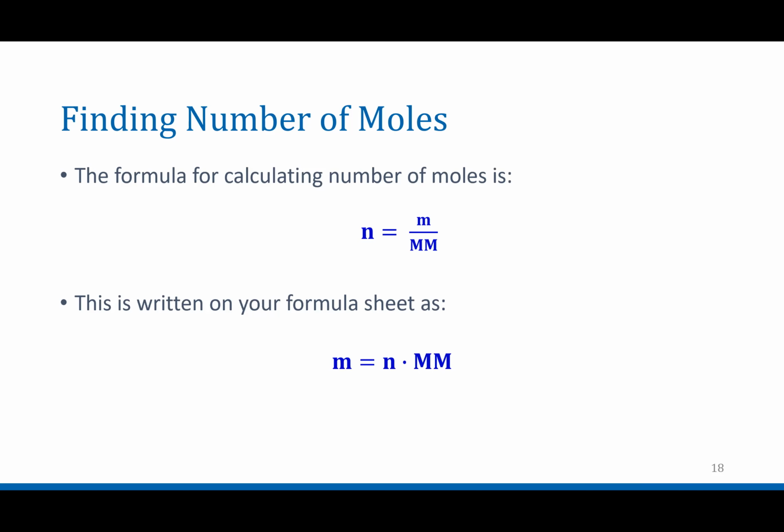The questions are either calculating the number of particles, the number of moles, or the mass. And there's one more formula I wanted to show you today, and it's this one. Now, in your data book, it's written as this guy on the bottom.